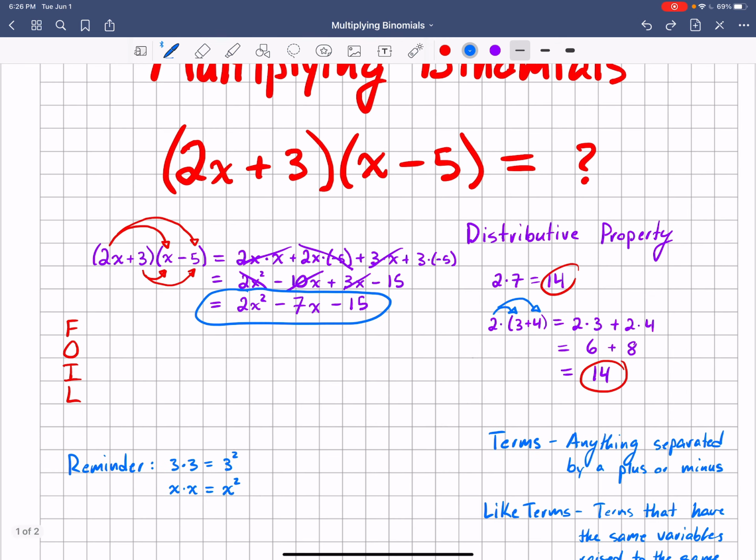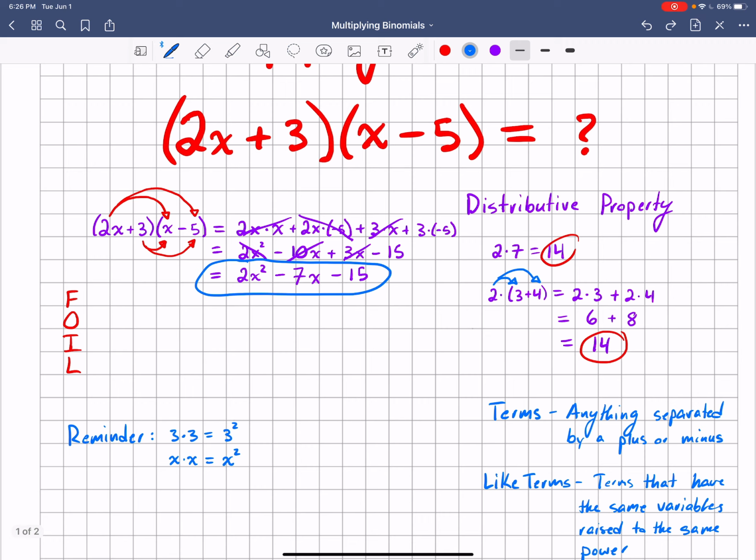Now, when we have two binomials that we're multiplying, we do that by foiling. And FOIL stands for first, outer, inner, and then last, which was the process that we used when we were multiplying for our map. We did the first, outer, inner, and last.